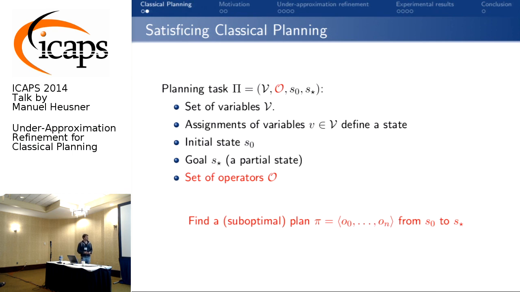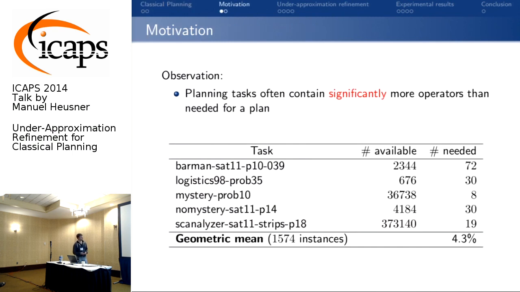My presentation focuses mainly on the set of operators because we can observe that planning tasks often contain significantly more operators than needed for a plan. Here we have a table with some examples where we see the available operators in a planning task.